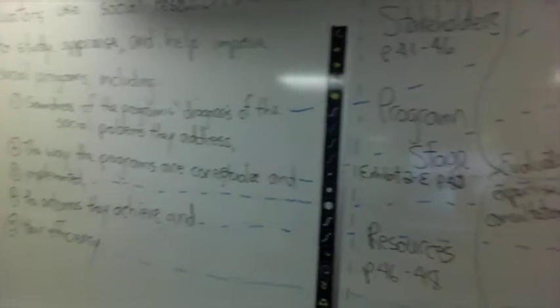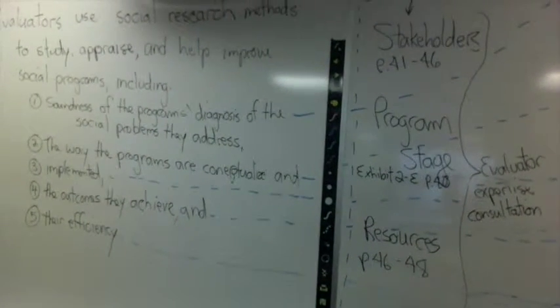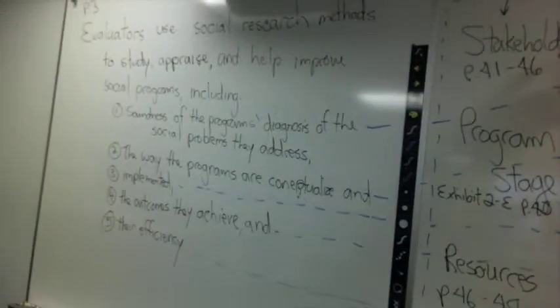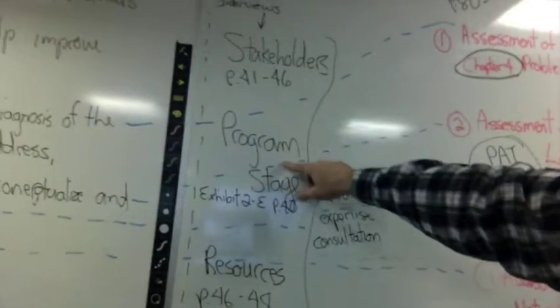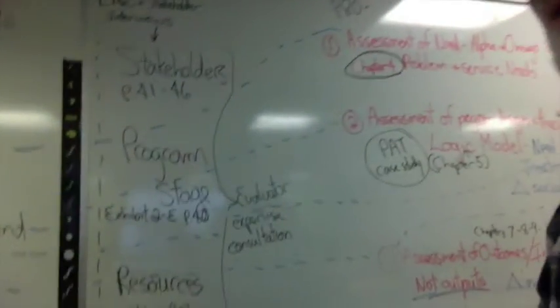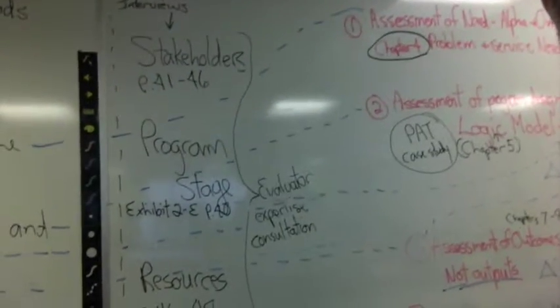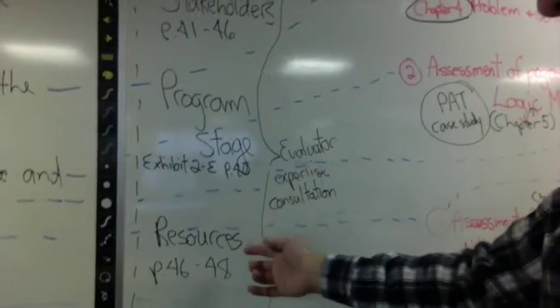And Rossi talks about these in basically chapter 2, I believe, about stakeholders. Who are they, what they want. The program stages. In other words, if it's a brand new program, you really can't talk about its efficiency very well or the outcomes they achieve because it hasn't even started yet.